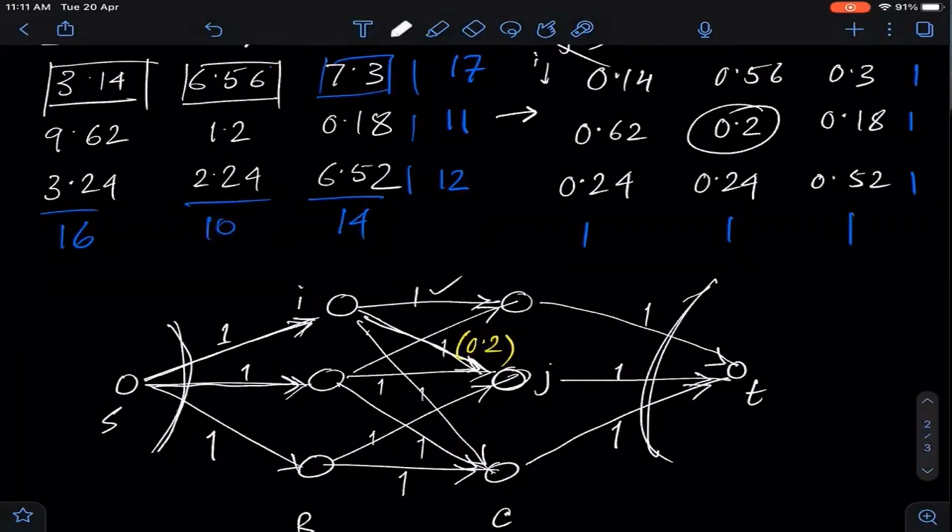Questions? Why will the row sum be preserved?